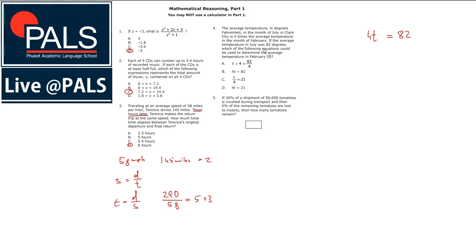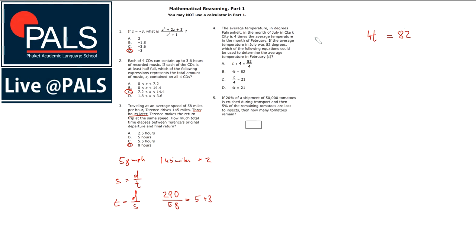That tells me that we have an unknown, the average temperature in February, and the temperature in July is 4 times as much. So our unknown is the temperature in February, and 4 times the temperature of February is the average temperature of July.